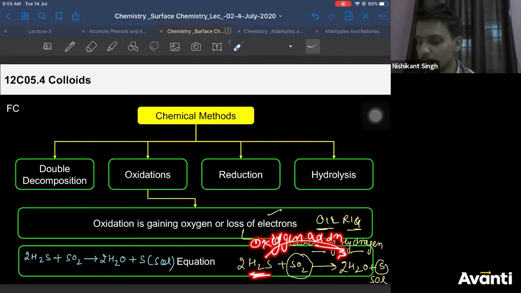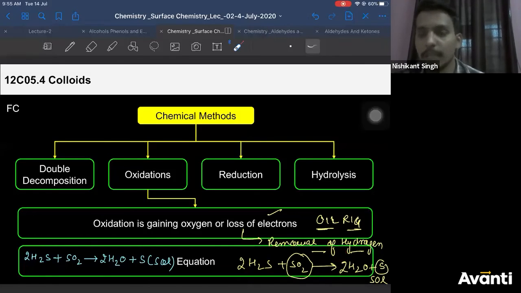Since you're adding oxygen, it is called addition of oxygen, so oxidation reaction. And sulfur dioxide is acting as a reducing agent here. You're removing oxygen here. Sulfur is reduced. Yes, it's a type of redox reaction only, but you should understand there has been an oxidation reaction taking place here.